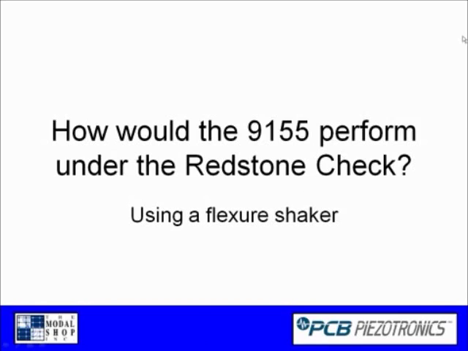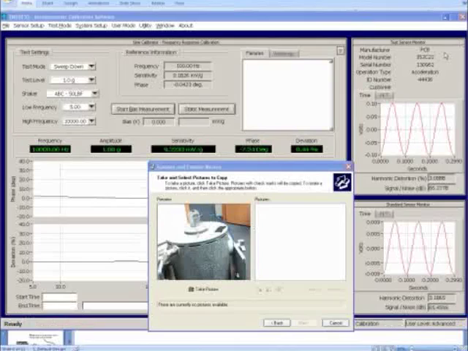So, switch gears here real quick. What I have set up today is a flexure shaker, the same one that we used in the last presentation. I have my test sensor mounted on top of my reference.